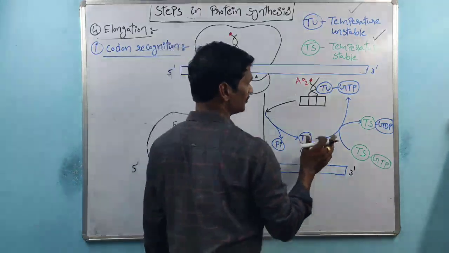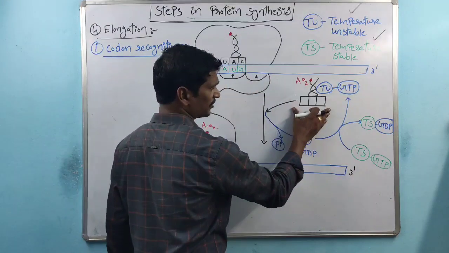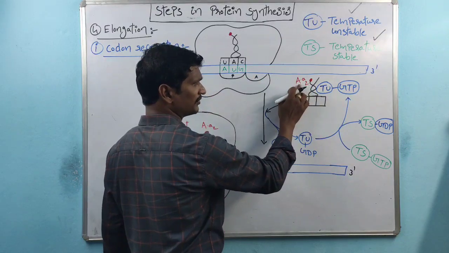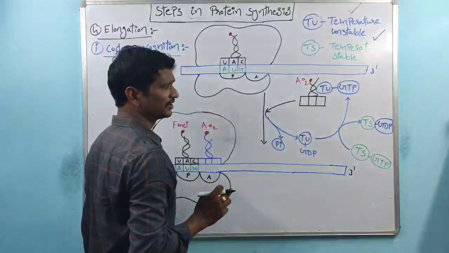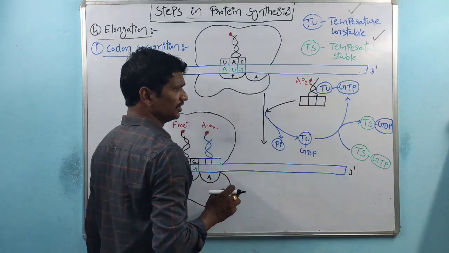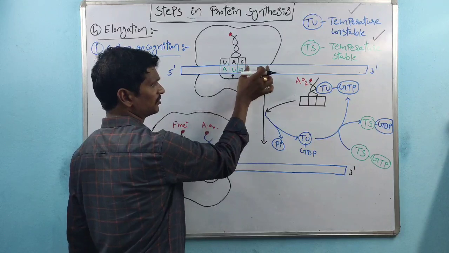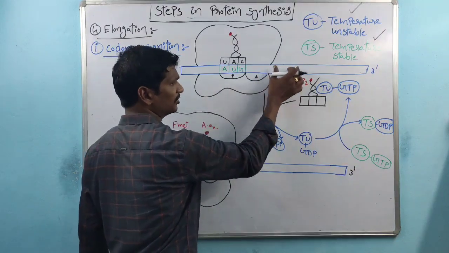So this is one tRNA structure, the tRNA loaded with the amino acid. This is a cyclic manner, because this is the first codon, this is the second codon, this is the third codon.